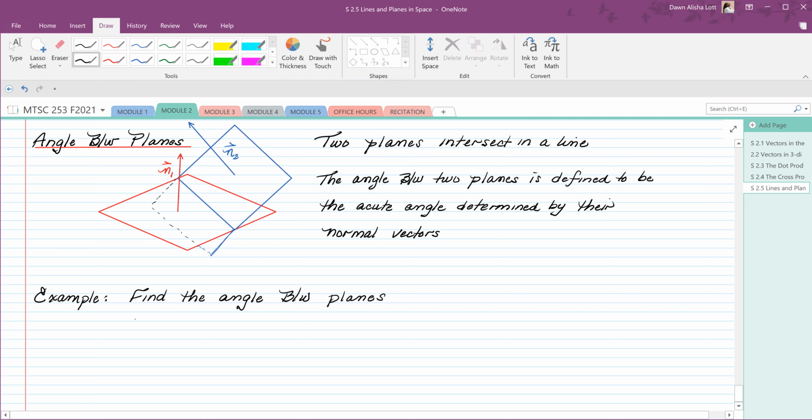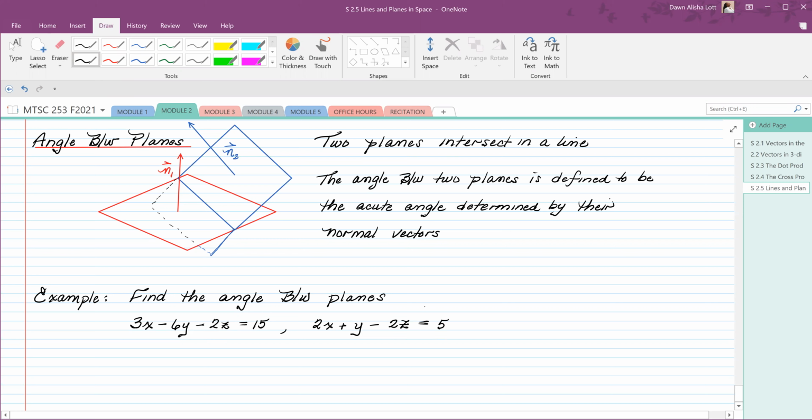One is 3x minus 6y minus 2z is equal to 15. And the other plane is 2x plus y minus 2z is equal to 5.